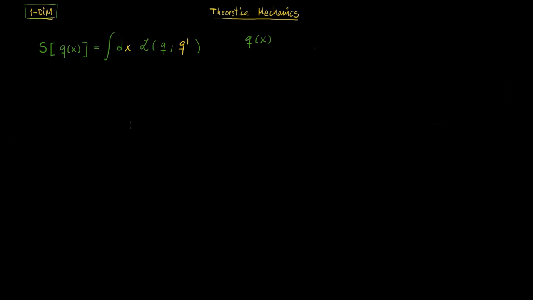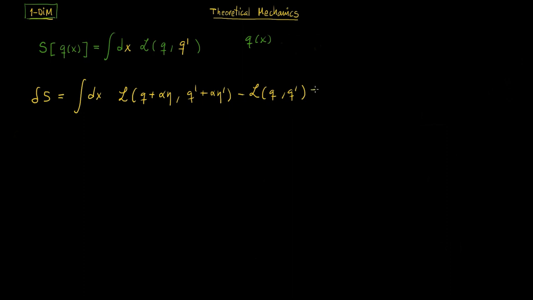So if you want to perform the variation of an action, this action, if you remember what Santi told you, is by definition the integral of L of q plus alpha eta, eta being a function of x, of course, q prime plus alpha eta prime, minus the Lagrangian density of q and q prime.